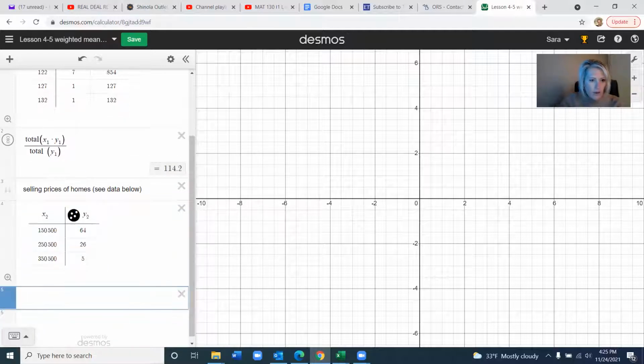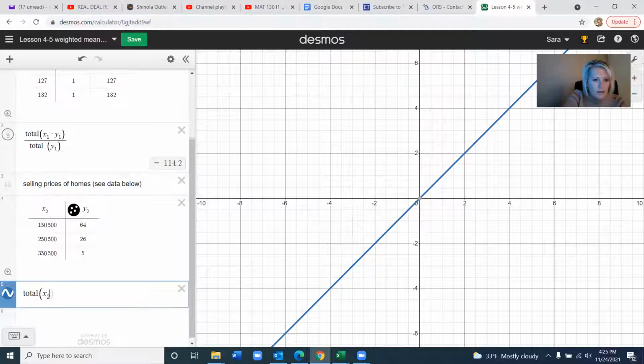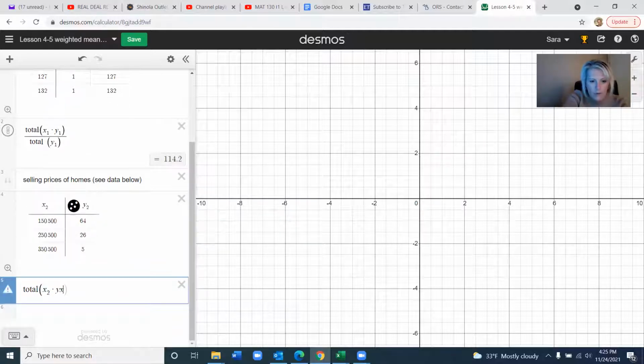So now total X2 star Y2. Oops, Y2. Now, I didn't even have to make that multiply column like I did up above, because if you just say total, when you multiply X2 and Y2, it will do that for you.